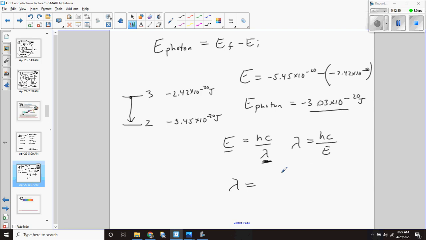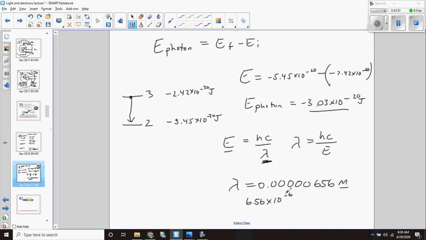If you do the math, plug in hc and divide by E, you end up with 0.0000656 meters. Now, remember, when we talk about visible light, we want to turn it into nanometers. In scientific notation, this is 6.56 times 10 to the negative 5.